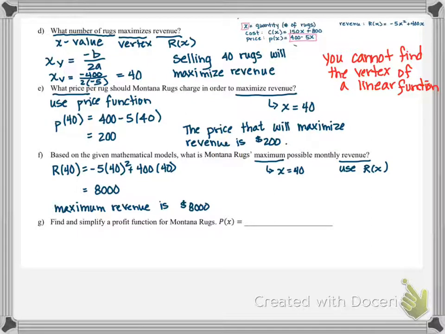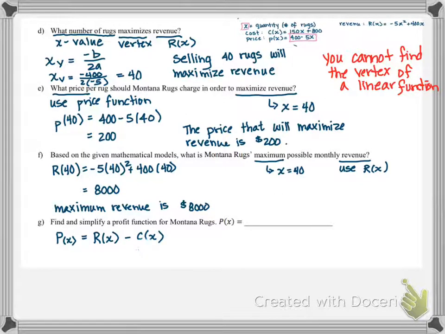So now we're going to think about profit. Now we're going to take into account the fact that it actually costs money to make rugs. So my profit, remember, is just the revenue that I bring in minus the cost that I had to spend to make them. So uppercase P of X is equal to the revenue minus the cost.